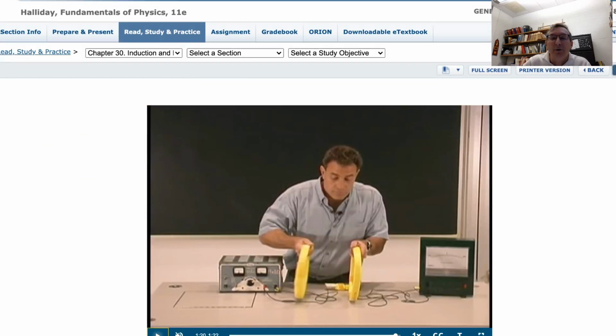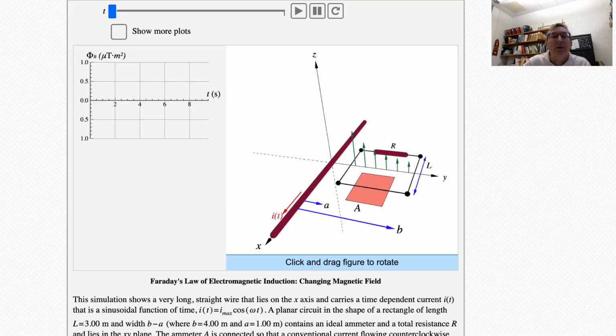And I need to now show you an animation. Okay? So now you're seeing a representation of something that would not be too hard in the laboratory to set up. Very long, straight wire along the x-axis. It's got a current I flowing in it, but this current is going to be changing with time. That's not hard to do. All you have to do is hook up the wire to a function generator like we've used in lab.